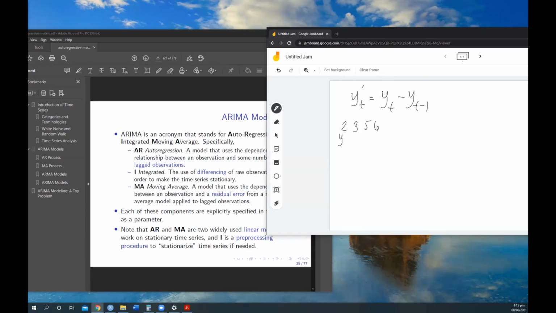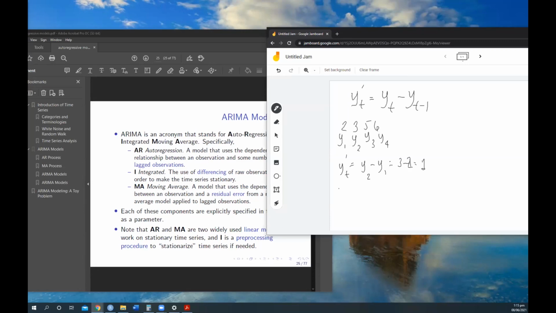This one is y1, y2, this is y3, y4. Then the first difference value is just y2 minus y1. So 3 minus 2 or 1.